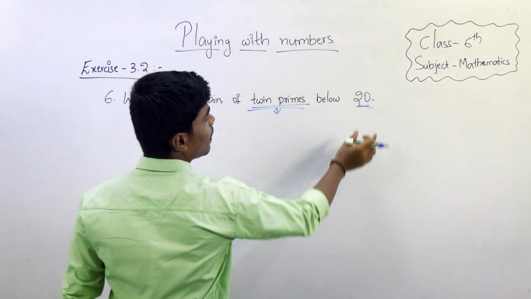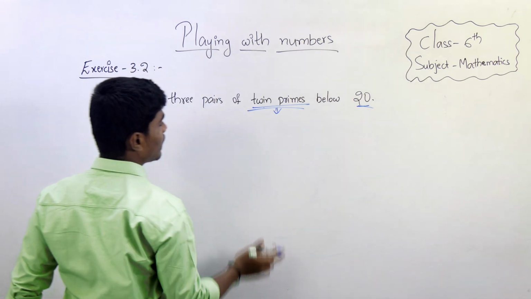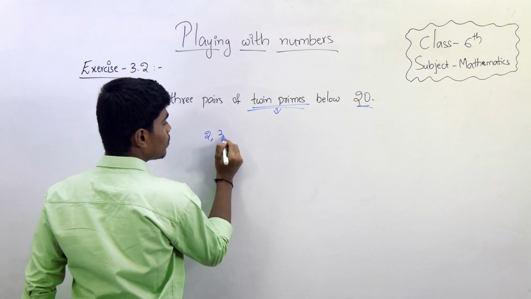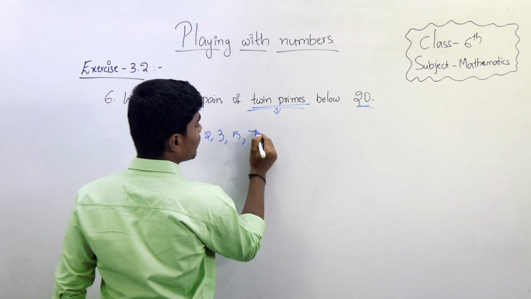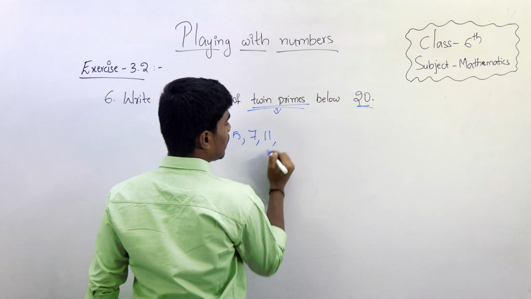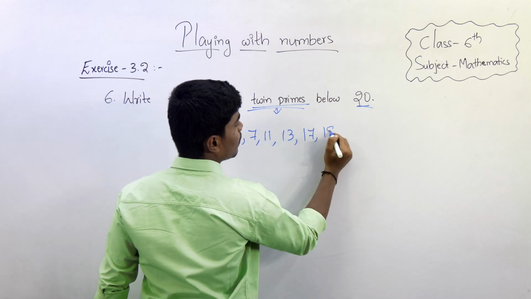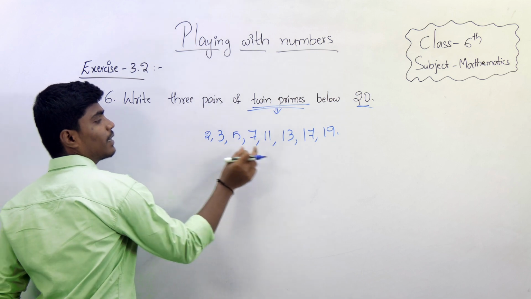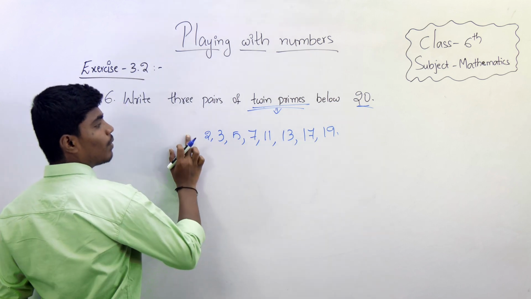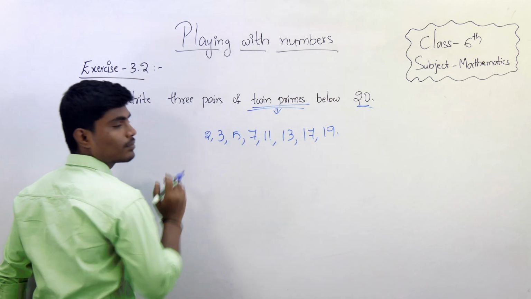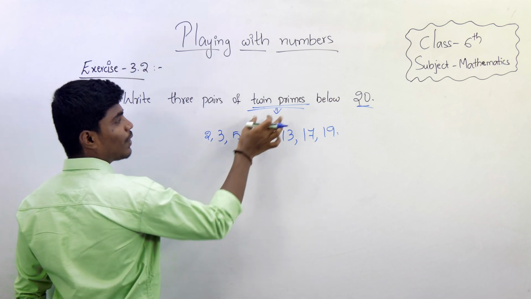So first we write what the prime numbers below 20 are. See, 2, 3, 5, 7, 11, 13, 17, 19. These are the prime numbers between 1 and 20, meaning below 20. Okay, here we have to find the twin primes.